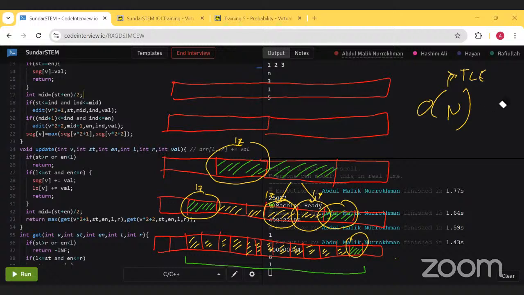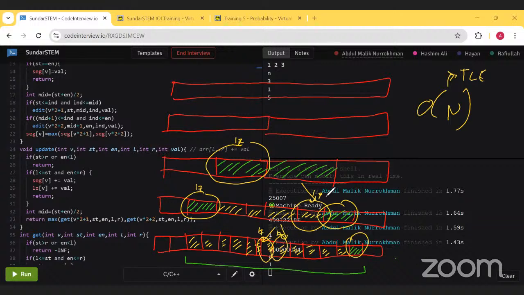That means this job is done, and then there is still some pending task here. And because we want to find the value here, we will also do this lazy task. So this will be updated and lazy becomes here.